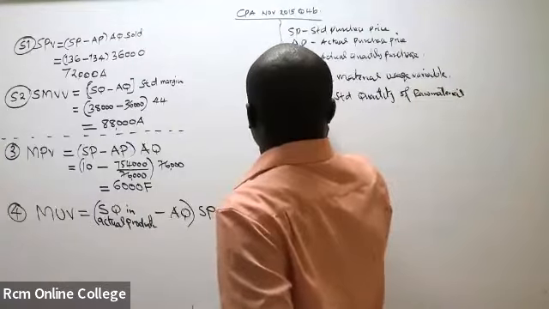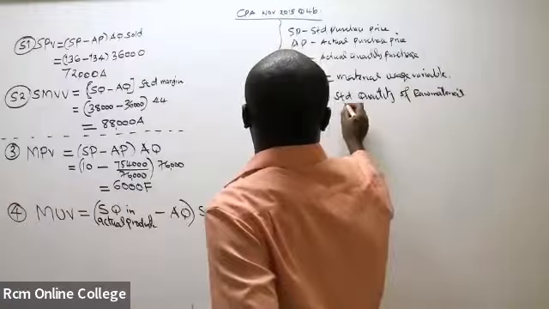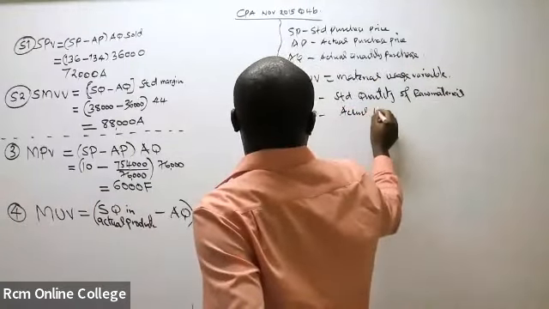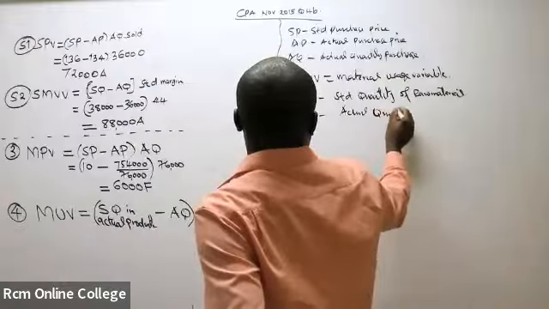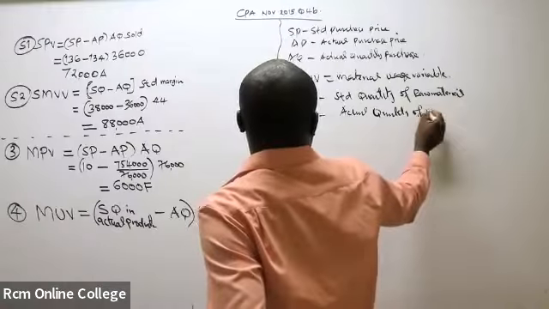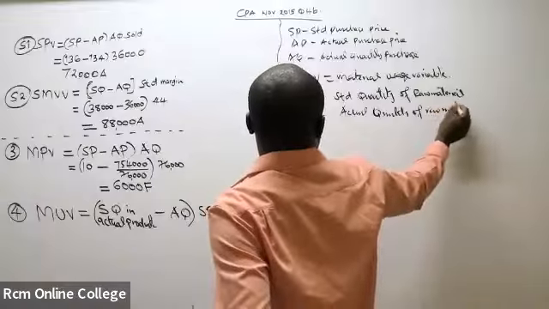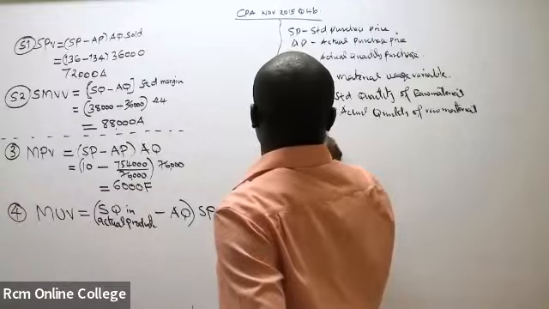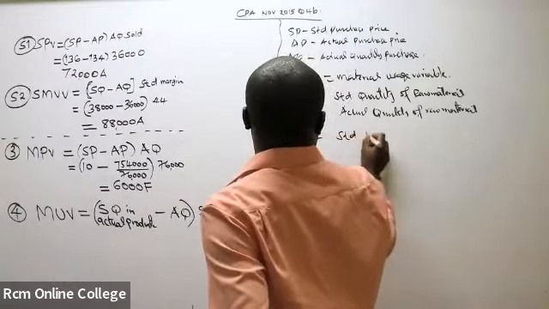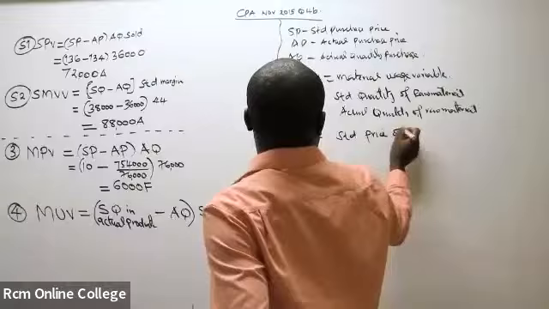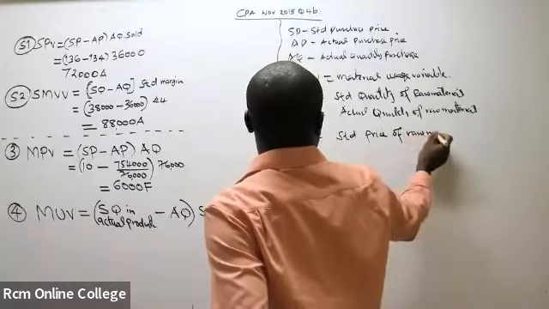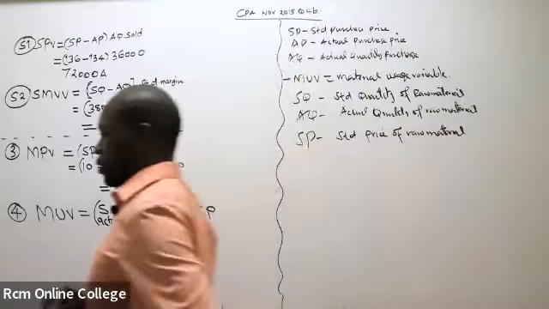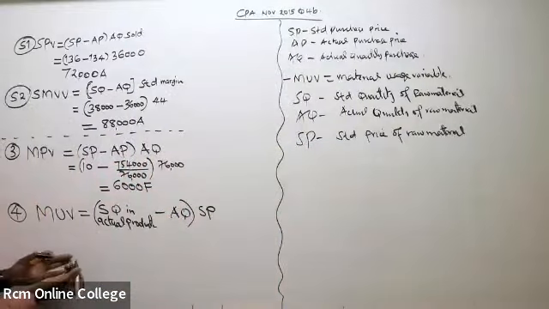Then AQ, actual quantity of raw material. Then SP, standard price of raw material.